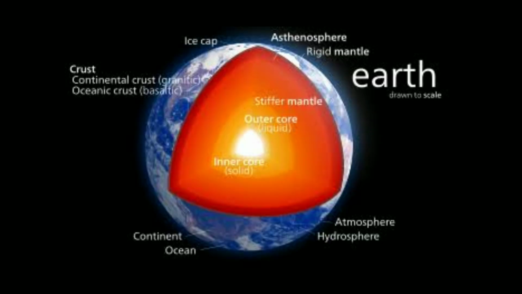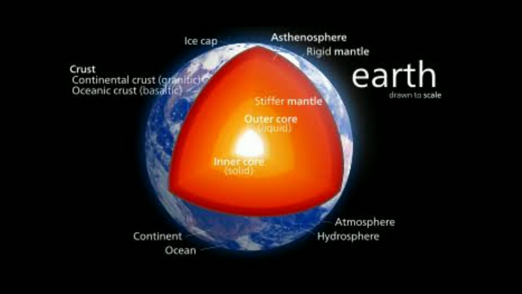Third one is the core. It is the innermost layer of earth. The depth of this layer is up to 6,371 kilometers from the surface. The most important materials found in the core are nickel and ferrous.